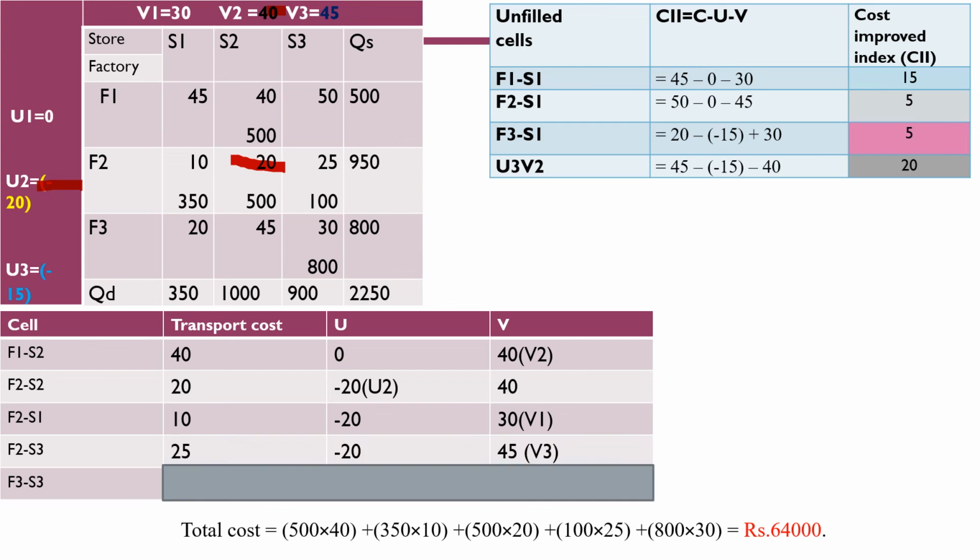Then to arrive at 25, if the row value is minus 20, the V value should be 45. Then finally, we are going to find the F3 S3 value. We have already found the V value as 45. Then how to arrive at this 30? Therefore, we have to deduct 15, that is the row value, from this 30.